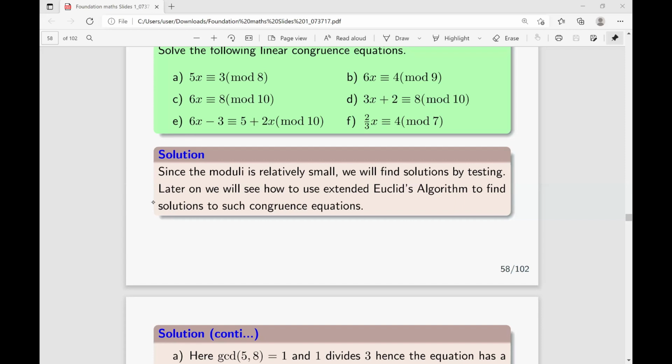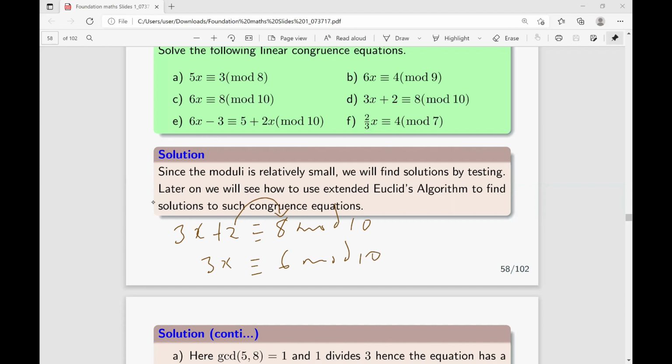So here we have 3x plus 2 is congruent to 8 mod 10. The same way I do with other mathematics, I can cross this to the other side of the equal sign. So you have 3x is congruent to 6 mod 10. Is that okay?